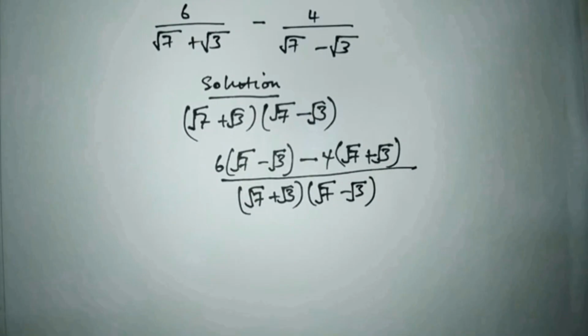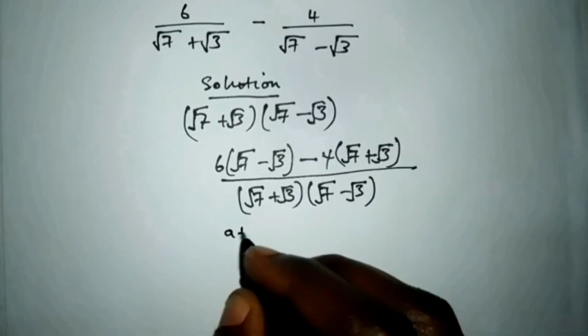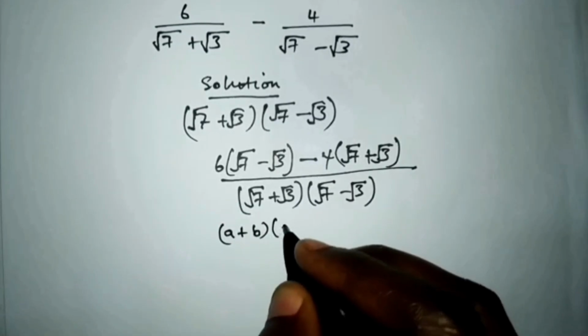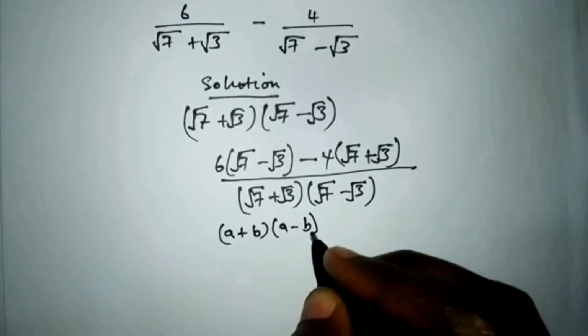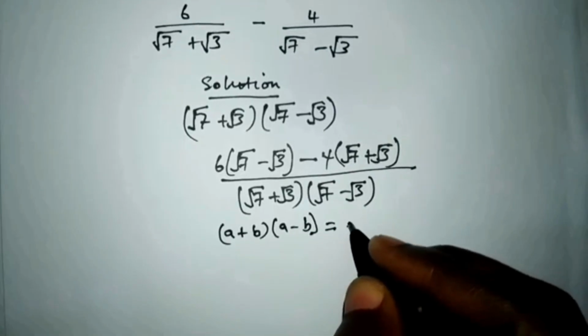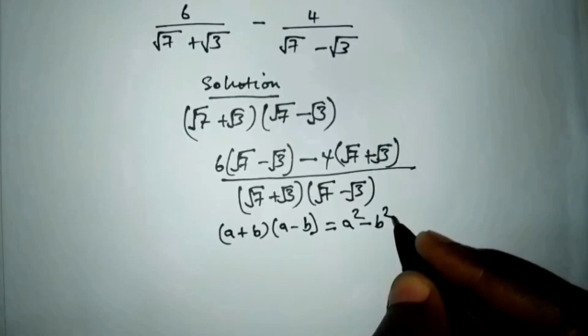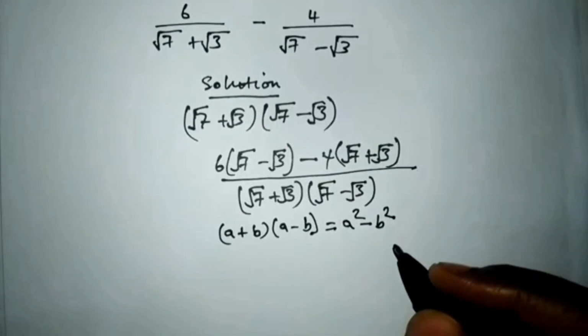Notice that the denominator is in the form of (a plus b)(a minus b), which is equal to a squared minus b squared, and this is the difference of two squares.